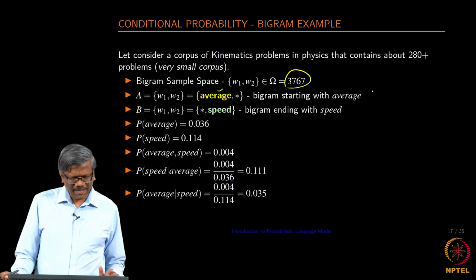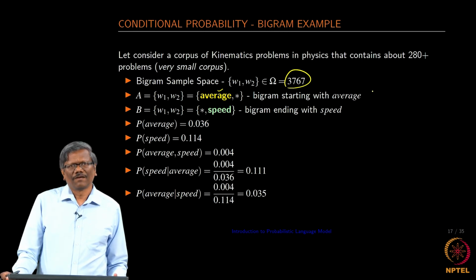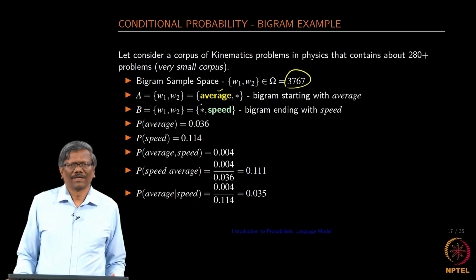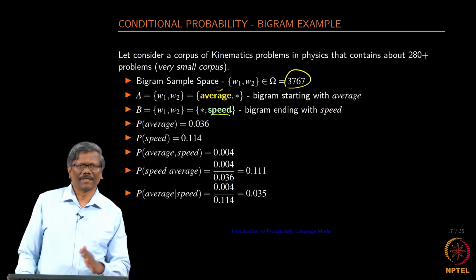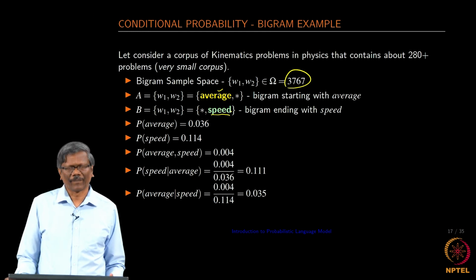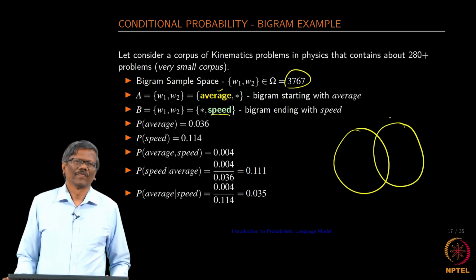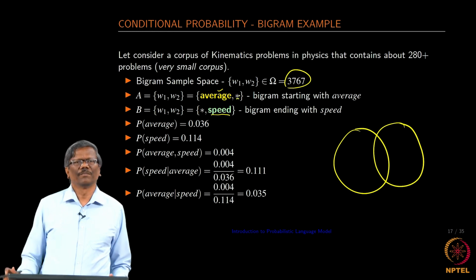In the same way, we get another set where speed is used as the second word, and any word could be the first. When you have two such combinations, there is a possibility that average speed may occur.